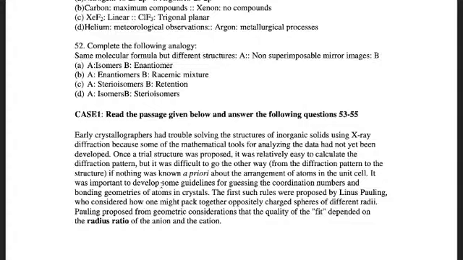The first such rules were proposed by Linus Pauling, who considered how one might pack together oppositely charged spheres of different radii. Pauling proposed from geometric consideration that the quality of fit depended on the radius ratio of the anion and the cation.